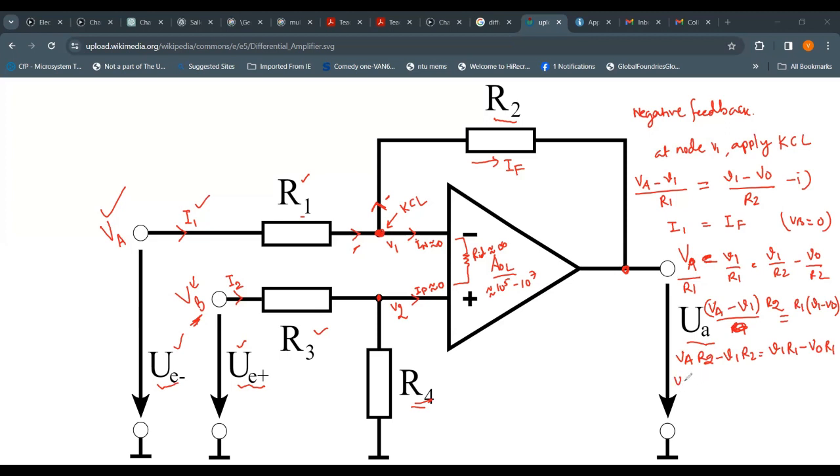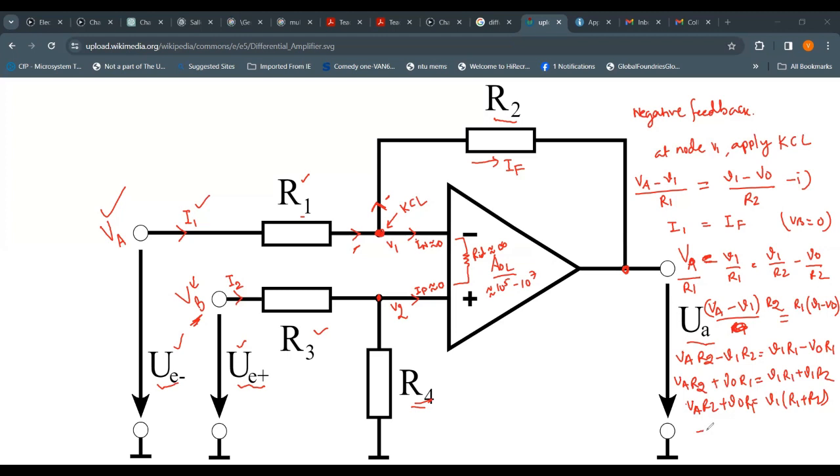So we'll say that VA R2 plus VO R1, and here V1 R1 plus V1 R2, then you say this would be like V1 times R1 plus R2, and here VA R2 plus VO R1.